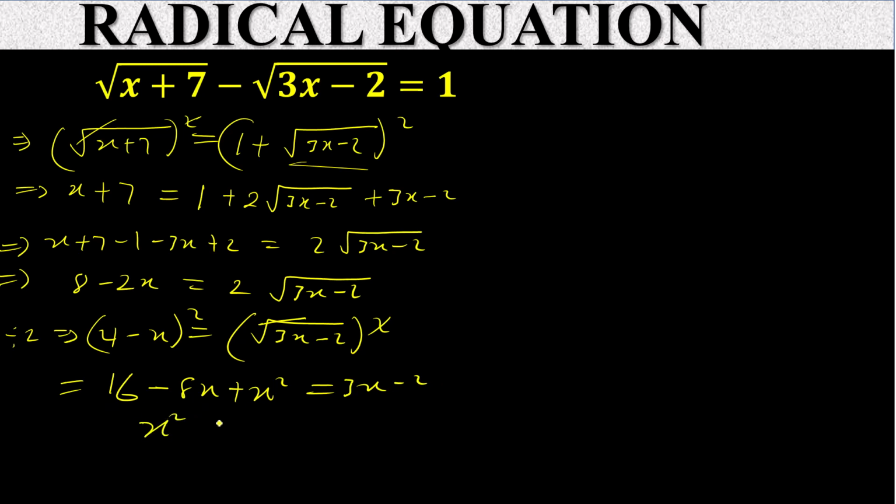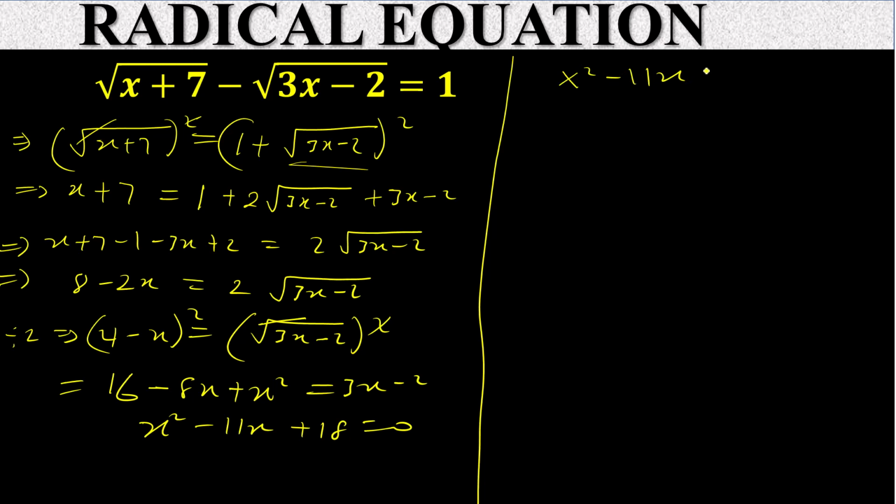So let's group like terms: x squared minus 11x, so 16 plus 2 is 18. So we have a quadratic equation, x squared minus 11x plus 18.